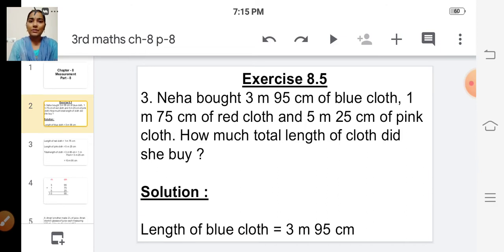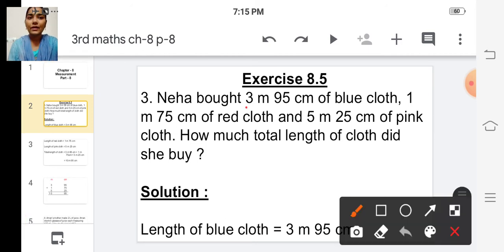She bought 3 types of cloth. The first one is blue cloth, and the length of the blue cloth is 3 meter 95 centimeter. The second one is red cloth, and its length is 1 meter 75 centimeter.